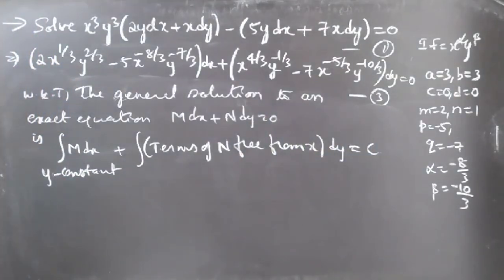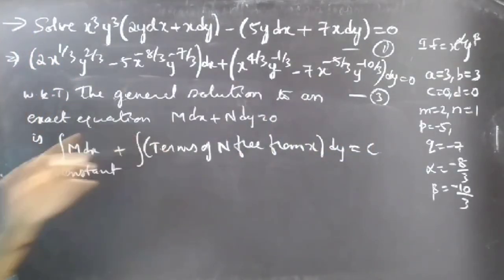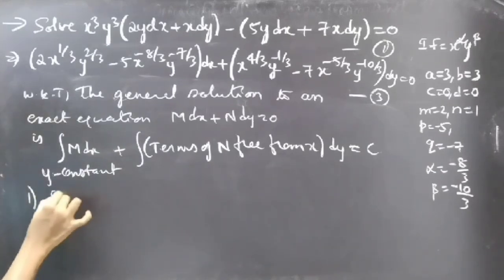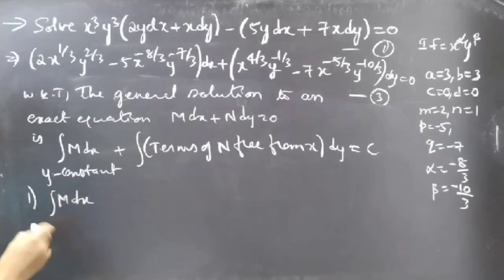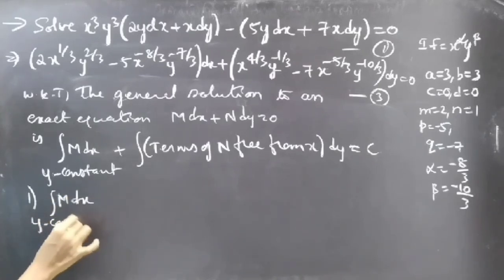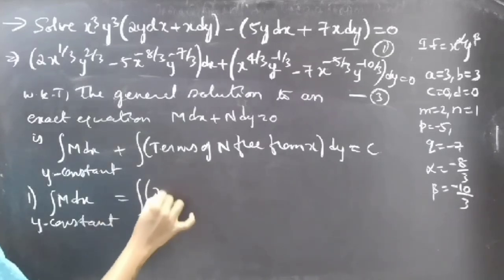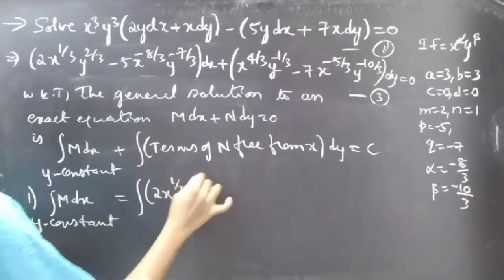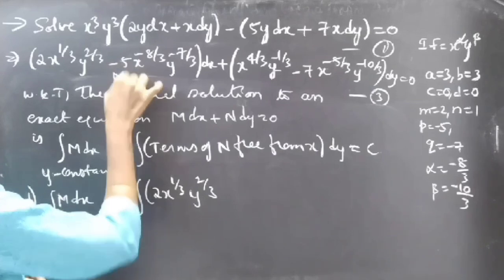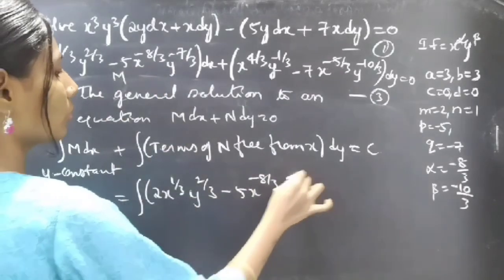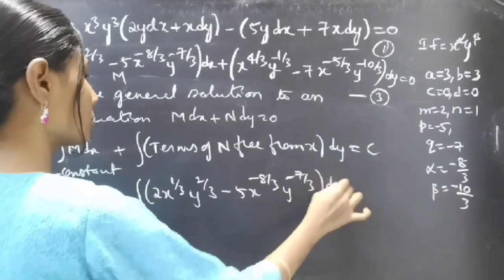Okay, now let's find each integral separately for our convenience. I'll begin with the first integral, treating y as constant. We have M: 2 into x power 1 by 3 y power 2 by 3 minus 5x power minus 8 by 3 y power minus 7 by 3 into dx.